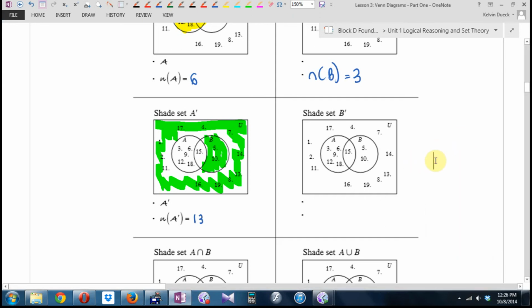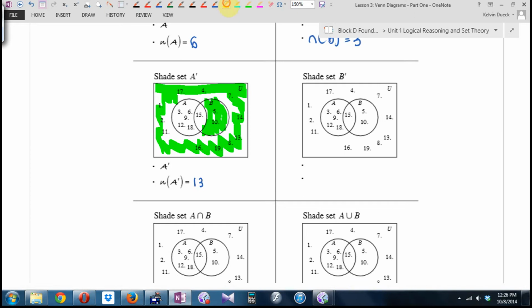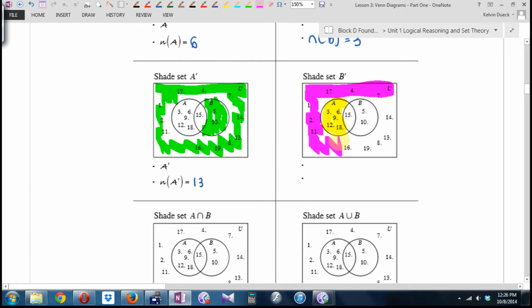Okay, it says shade set B prime. Try that one on your own. I'll do it up here. I think that. Now, you'll notice, by the way, underneath each box there's 2 bullets.